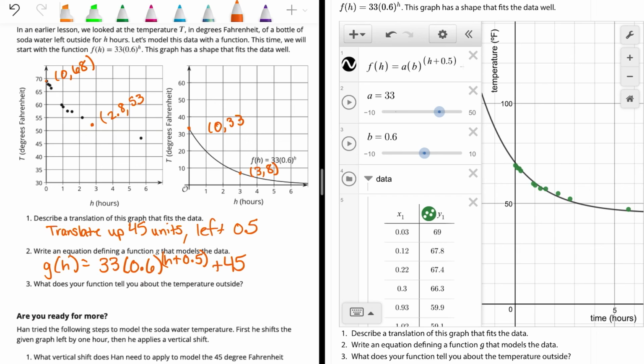So our function tells us that the temperature outside has a horizontal asymptote of 45 degrees.